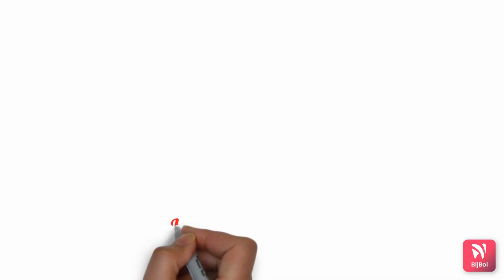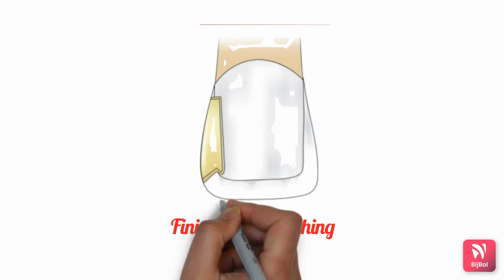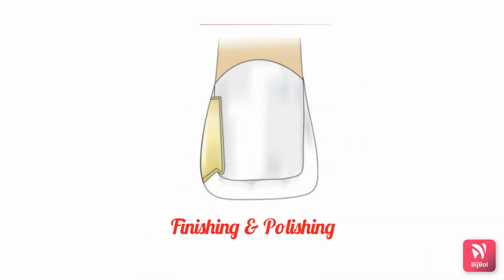The direct gold restorations require very little finishing if the previous steps are properly done. So finishing can be done using tin oxide powder on a soft bristle brush or rubber cups. Polishing is also done to make the surface of the restoration smooth and free from voids.